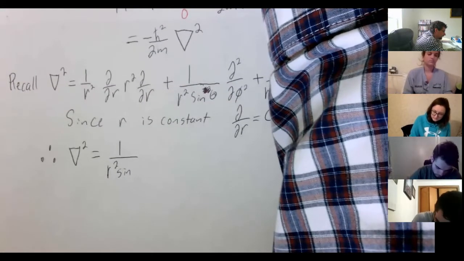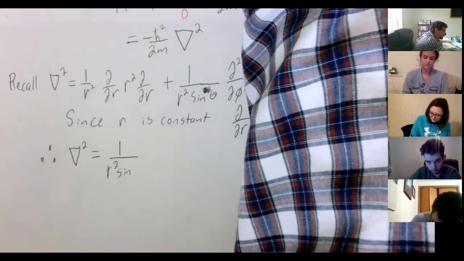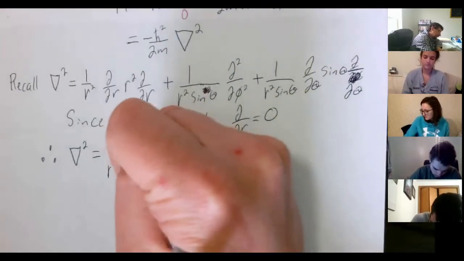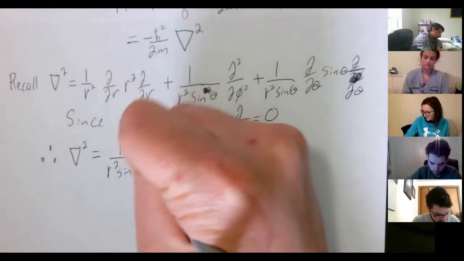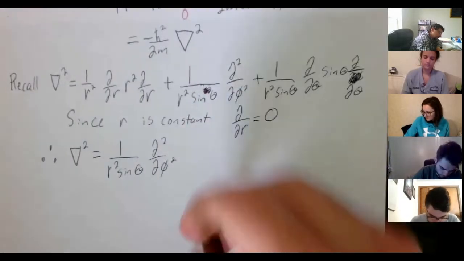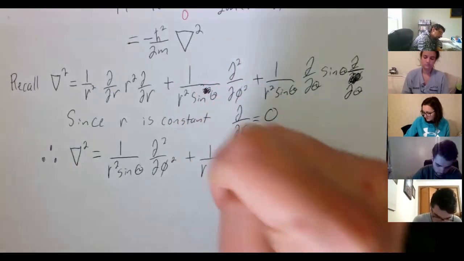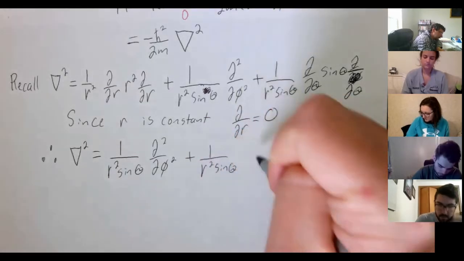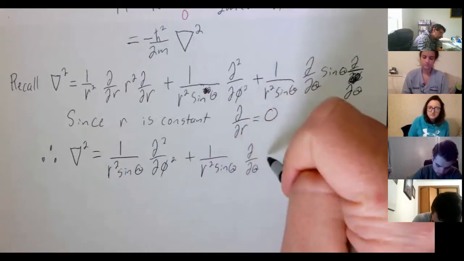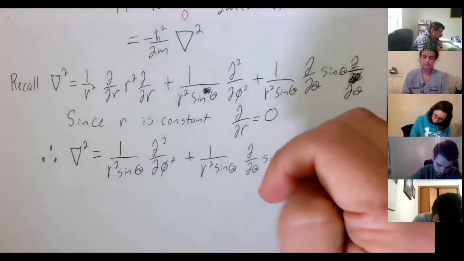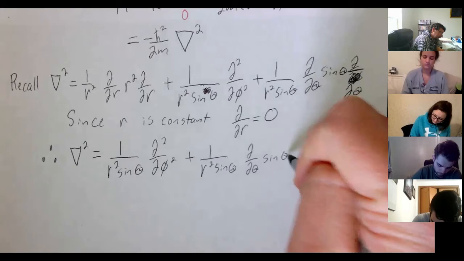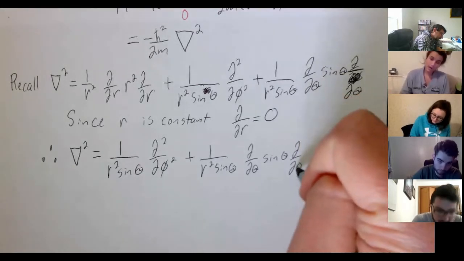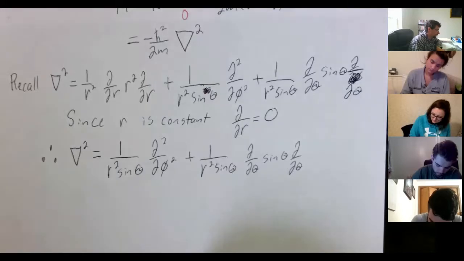Sine theta phi squared plus 1 over r squared sine theta d theta sine theta d theta. Right?